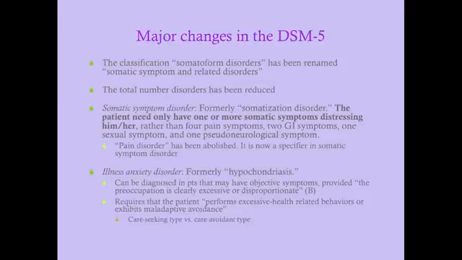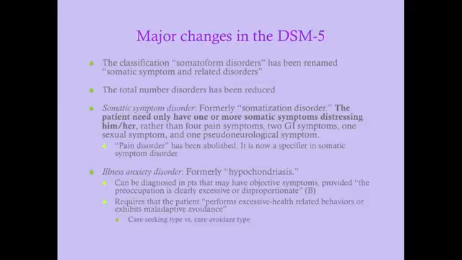Or they may exhibit maladaptive avoidance, where they're so afraid they have something like cancer, for instance, that they don't come in to get their yearly physical, or they don't get their colonoscopy at age 50. That's maladaptive avoidance. That can be related to illness anxiety disorder too. So you can see that there can be various manifestations of illness anxiety disorder.